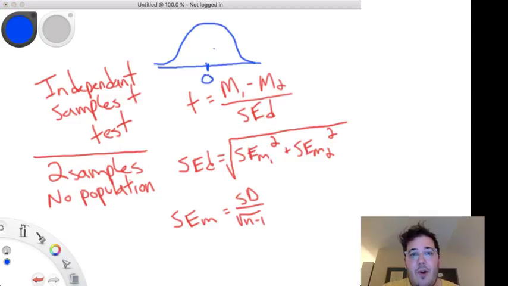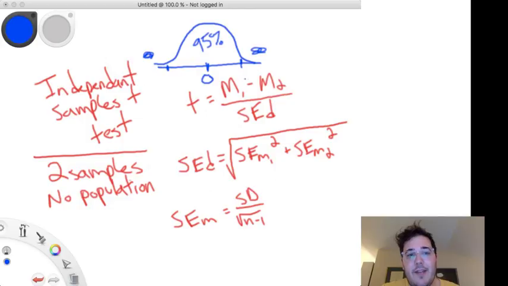So you have all of your observations in this distribution, and you have some critical value out on either side where 95% of observations lie within. So if you have a difference that's out here or out here, then you can reject the null hypothesis and say, actually, there is some difference between these two groups.